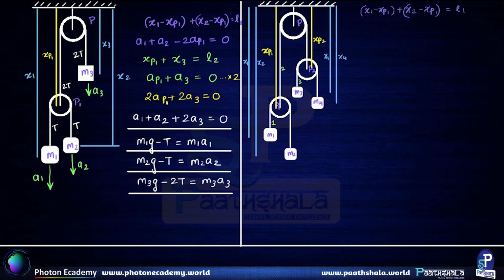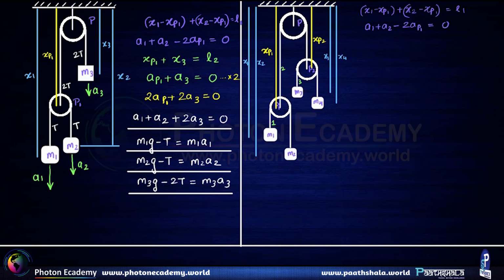On double differentiating this, we get a1 plus a2 minus 2 ap1 is equal to 0. So this is one equation that we have. Now let me do a similar calculation for the string 3.